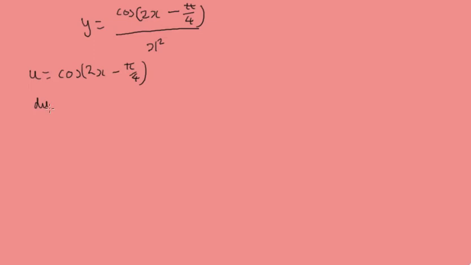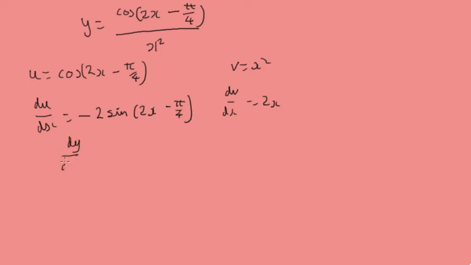So du by dx equals minus 2 sine 2x minus pi over 4. V is x squared, and dv by dx equals 2x. So dy by dx will be v du by dx minus u dv by dx over v squared.